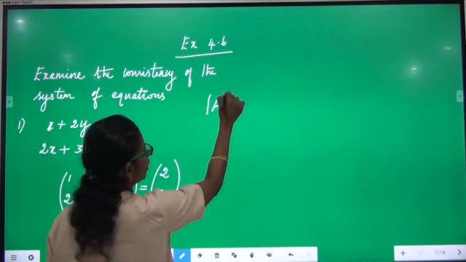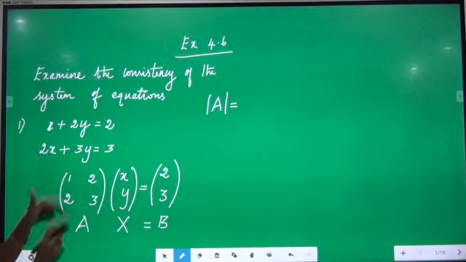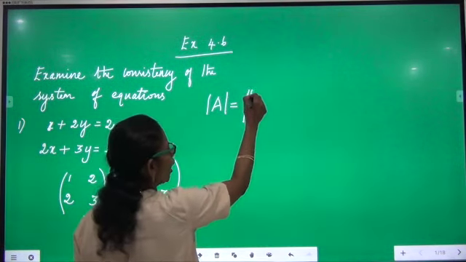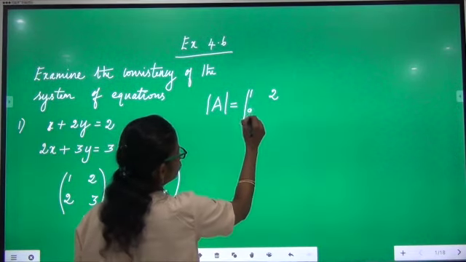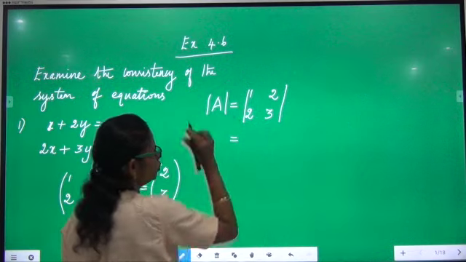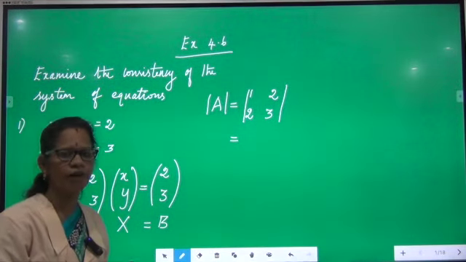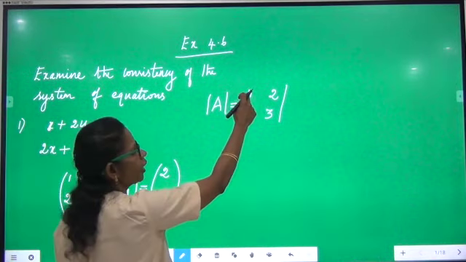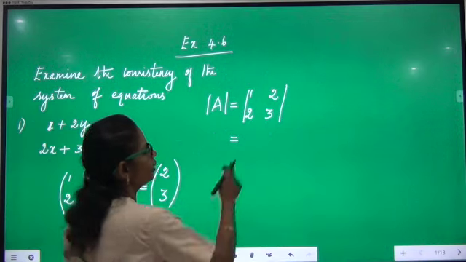Determinant A. The matrix you are going to transform into the determinant: 1, 2, 2, 3, which is equal to, you know, in a 2 by 2 determinant, how to find the value we discussed, isn't it? Once again I teach you: product of main diagonal minus product of sub-diagonal.